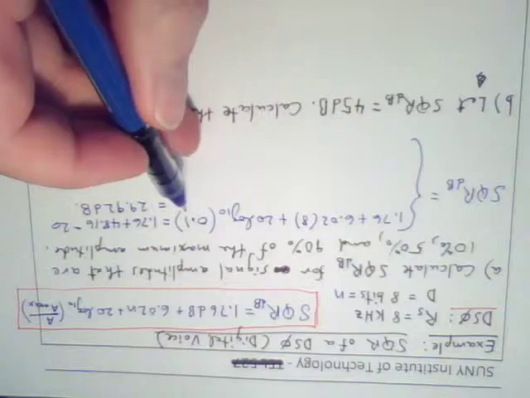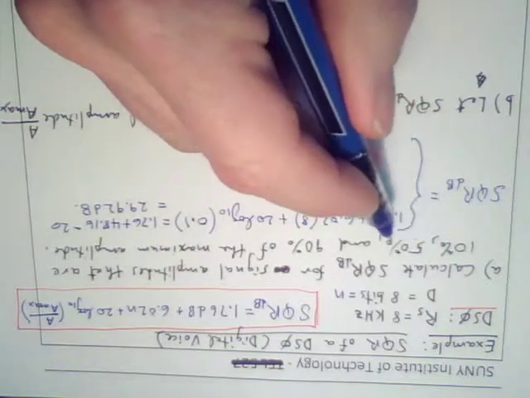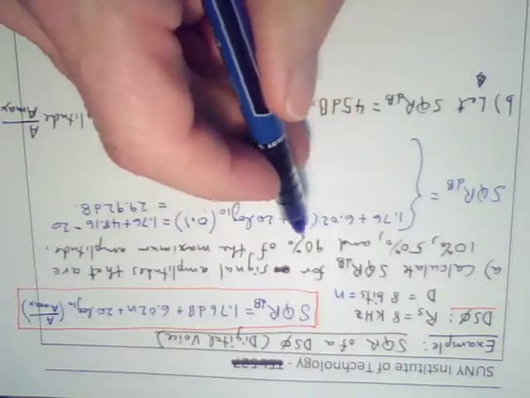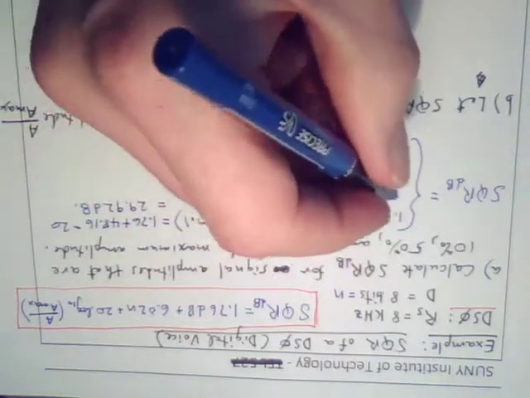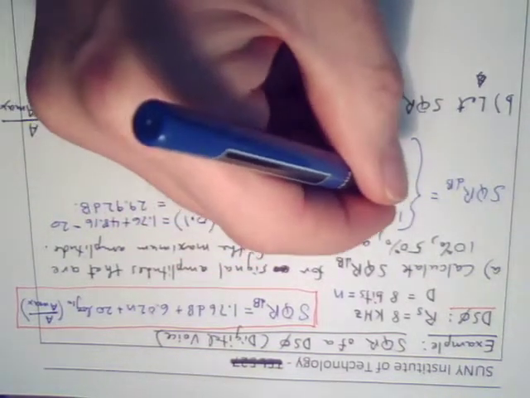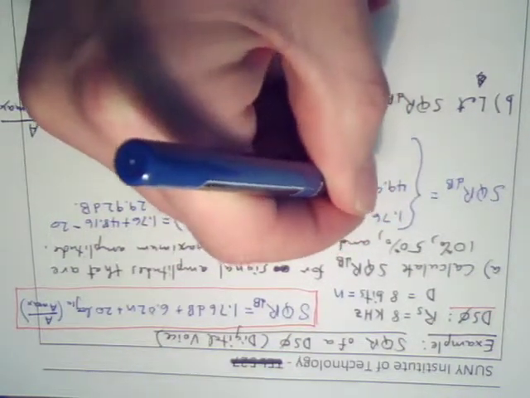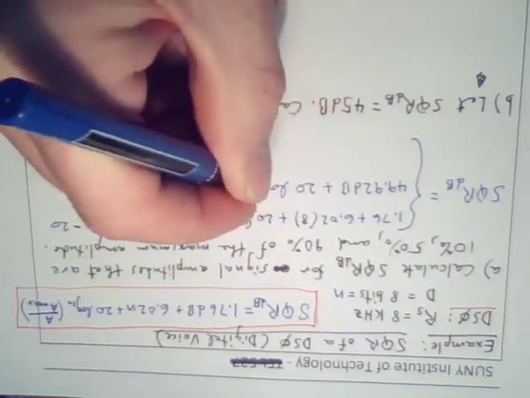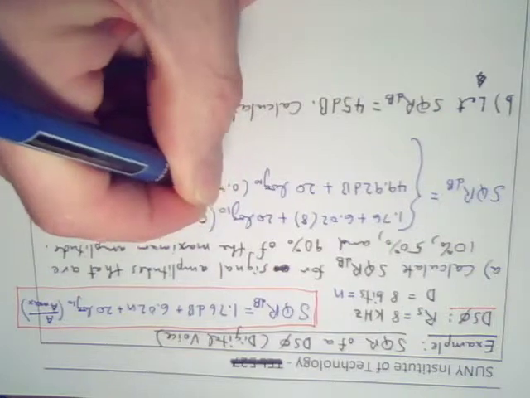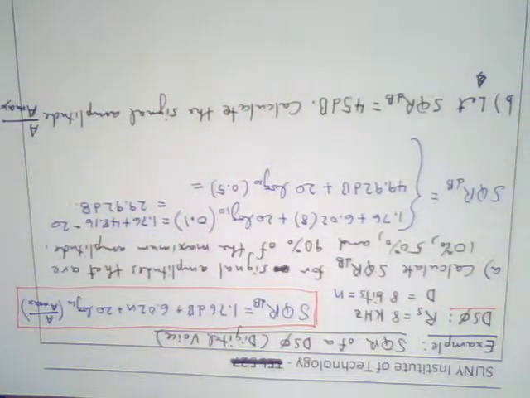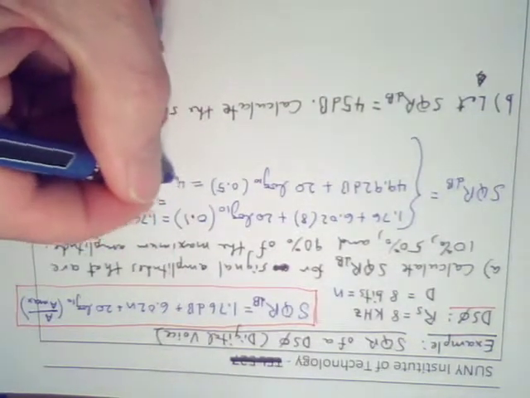Okay. The other problems have got the same numbers except a 0.5 for the amplitude ratio and a 0.9 for the amplitude ratio. So this one's going to be, excuse me, the same 49.92 decibels plus 20 log base 10 of 0.5. And this one, if you multiply it out, you're going to get 43.9 decibels.